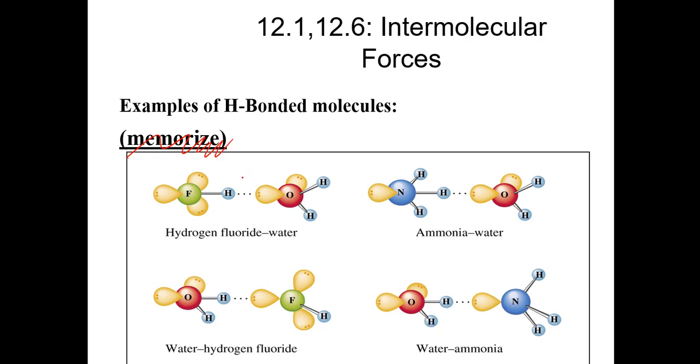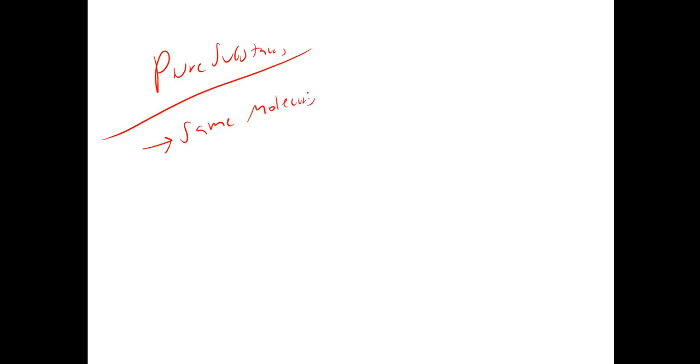But now we're going to get into something a little bit more challenging. We have something called pure substances, and it's the same molecules. And then we have mixtures, and those are going to be 2 different molecules.